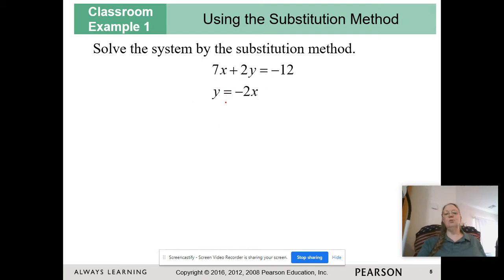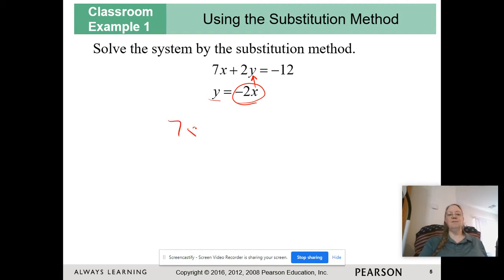When things are equal to each other, one can replace the other. So I'm going to use this to replace my y in my first equation. I'm going to substitute it in for y in my first equation.